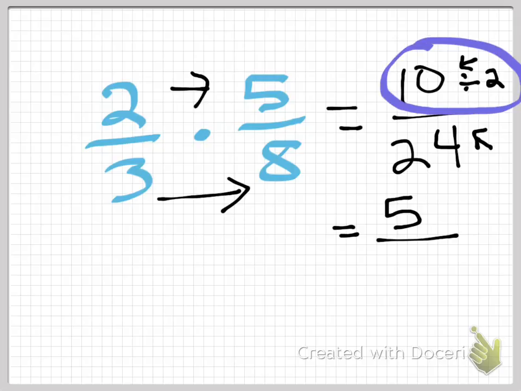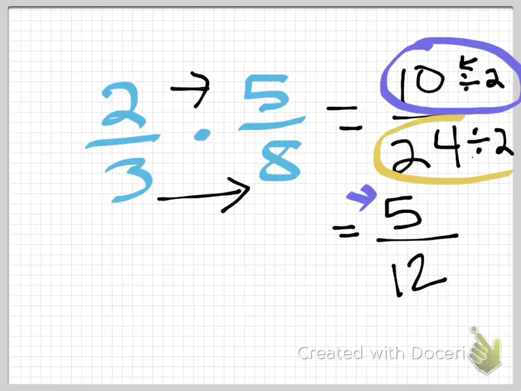Now I'm going to do 24 divided by 2. Well, that's 12. Okay. So 24 divided by 2 is 12. And you're left with your answer: 5/12.